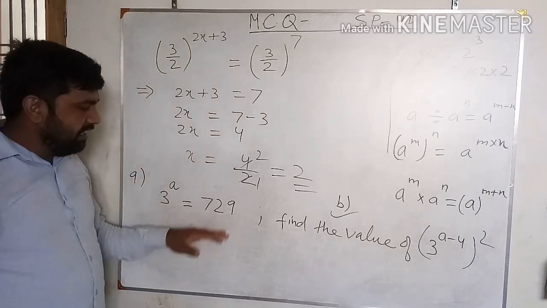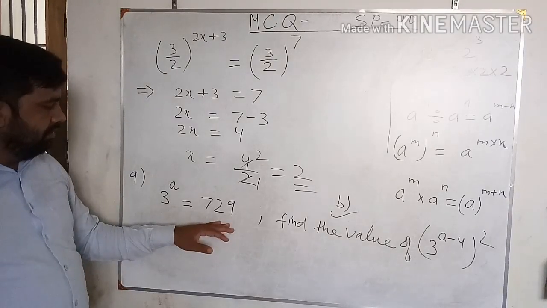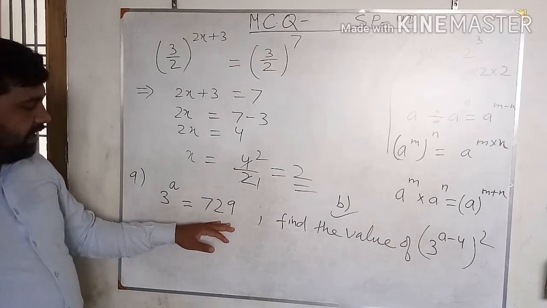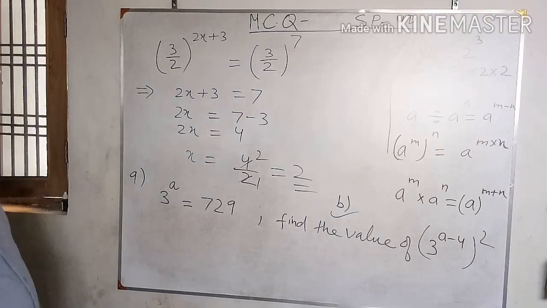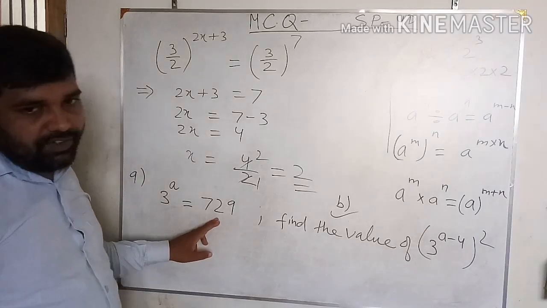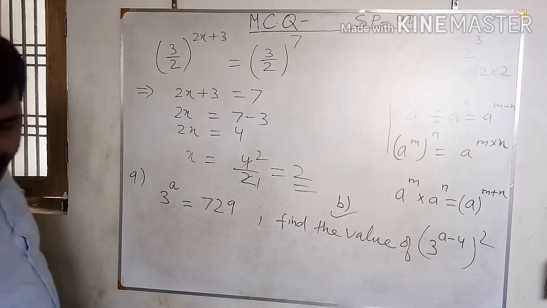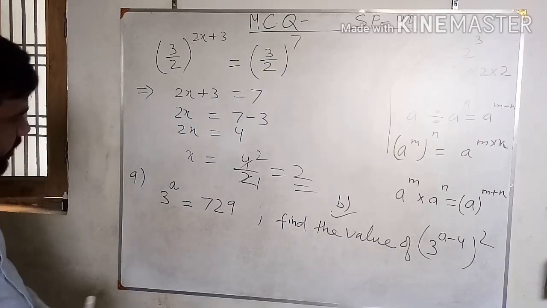See, when you factorize 729, you will get it in the form of base 3. How many powers do you raise? 729 is the value of 9 cube, and 9 is the value of 3 square.